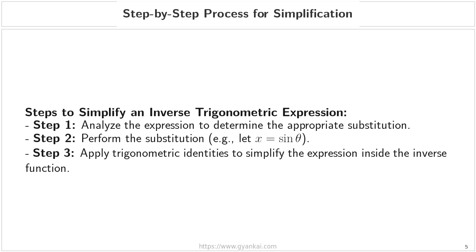The objective here is to use those fundamental identities, like the Pythagorean identity or double-angle formulas, to collapse a complex algebraic expression into a single, simple trigonometric term. In the next slide, we will look at the final 2 steps to complete the simplification, and then apply this entire process to some concrete examples.